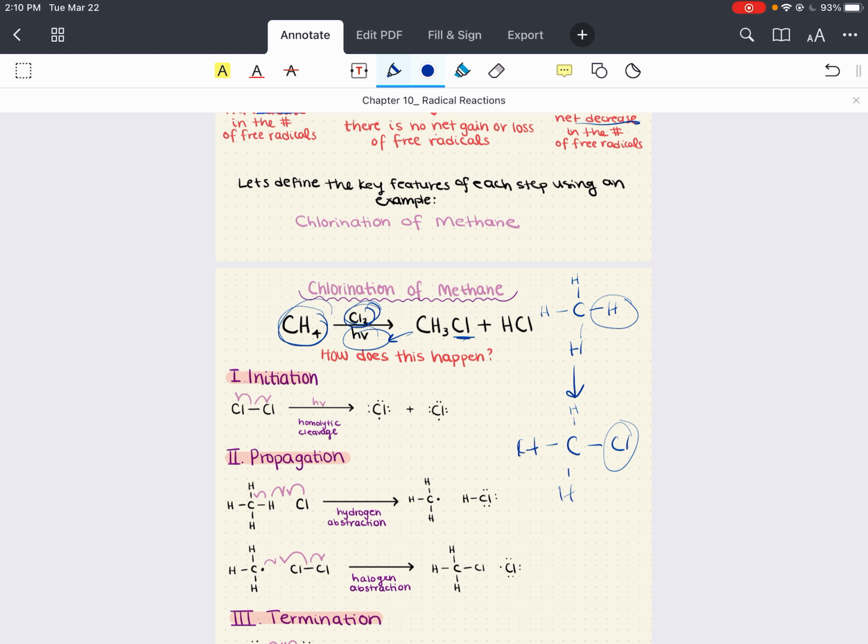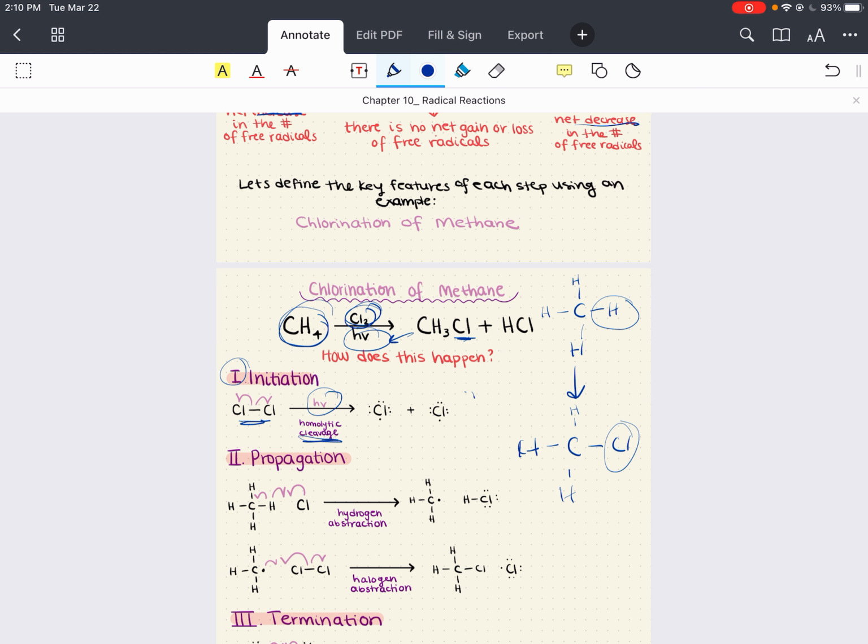How does this happen? Well, first step of a radical reaction is initiation. Initiation is creation of radicals. We're going to need light or heat to promote this step, which we have, and we create chlorine radicals. So our first step is initiation. The Cl2 along with light causes homolytic cleavage, which is our initiation step.